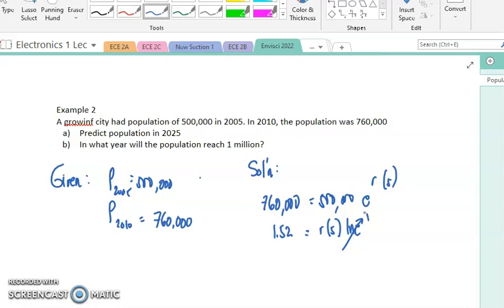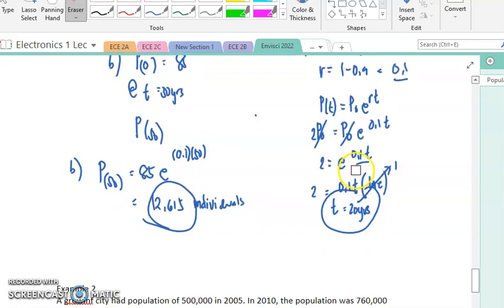By the way, let me just correct myself here. If we perform ln here, we also must perform ln there.